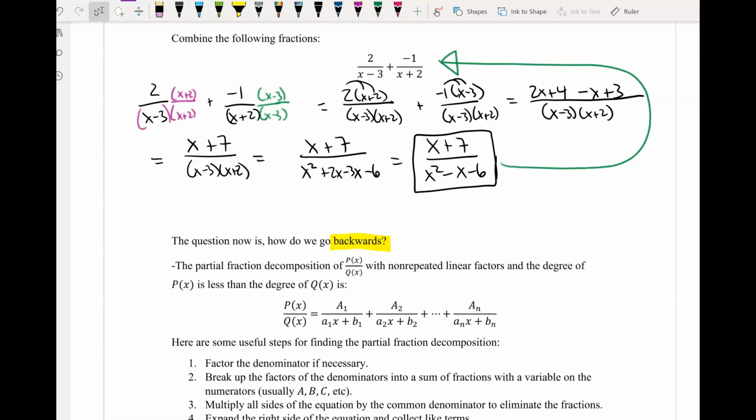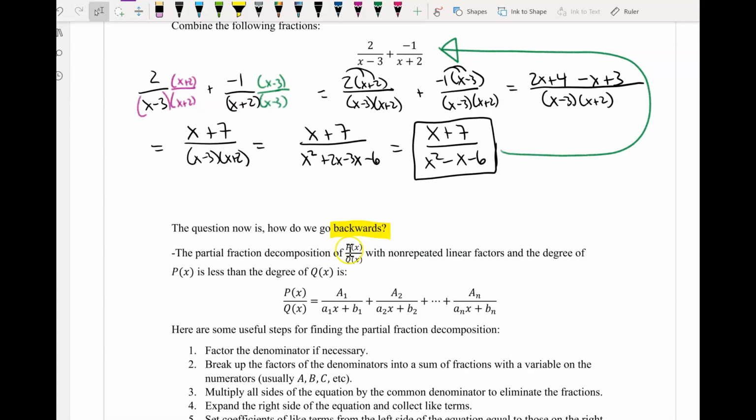The partial fraction decomposition of p of x divided by q of x, a rational function with non-repeated linear factors, where the degree of p of x is less than the degree of q of x, is equal to A1 over a1x plus b1, plus A2 over a2x plus b2, all the way to An over anx plus bn.